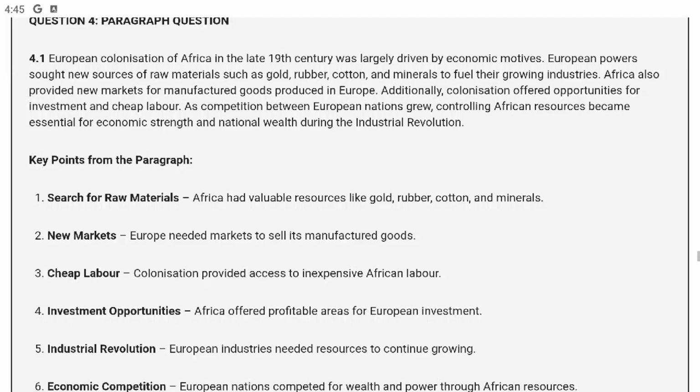So your points should also be related to each other in that way, right? So investment opportunity. Africa offered profitable areas for European investment. So they were also selling things here and also extracting things from here to other countries as well, right? So that was the case.